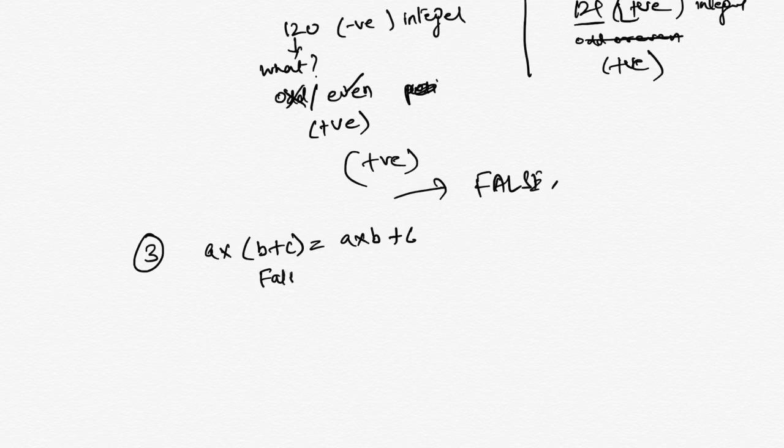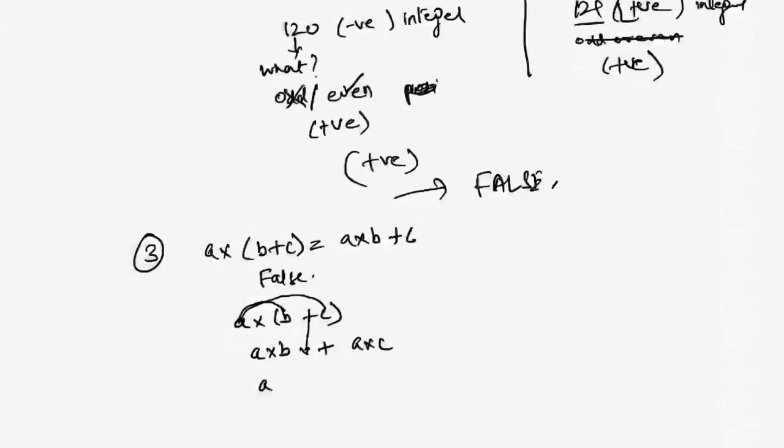Now I'll tell you why it is false, because for A into B plus C, you have to first multiply A into B, put the plus sign here, and then A into C, that is A into B plus A into C. So what is given? A into B plus C. So no, this cannot be. So the answer is false. The answer will be A into B plus A into C, not A into B plus C.